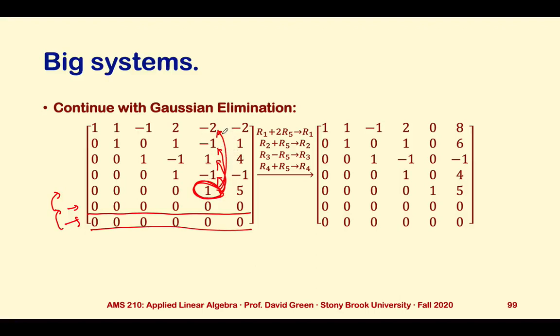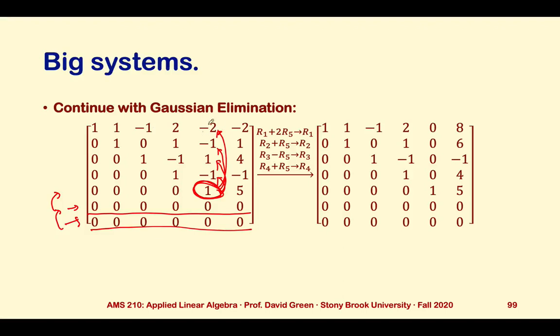Here we have a little bit of an easier case than in some situations, because we already have ones at all of the pivot values. There's no scaling we need to do. So here, how do we eliminate these entries? We add or subtract the appropriate multiple of this 5th row from the corresponding rows above.